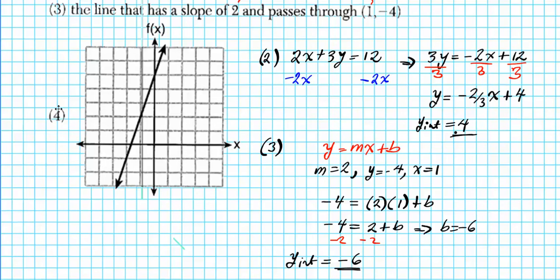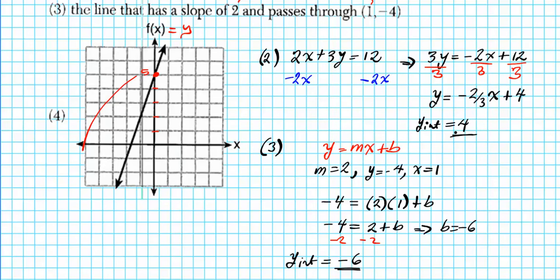All right, for option 4, we have a graphical representation of a line. So all we have to do is read off where the line intersects the y-axis. That's your y-intercept. So this is your y-axis right here. f of x is equal to y. 1, 2, 3, 4, 5. Bam. That's your b value.